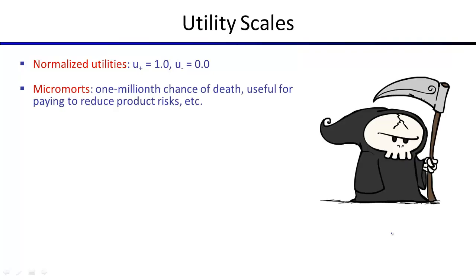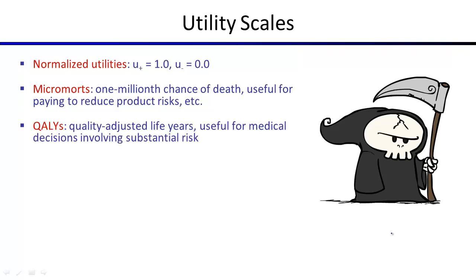There's a thing called a micromort. Okay, what's a micromort? A micromort is a 1/millionth chance of death, right? Do you want a micromort? No, you don't want a micromort. So you would like to have as few micromorts as possible, right? And this is useful for talking about product risks, where there's a risk of something bad happening and you're balancing these things in some kind of decision theoretic way.